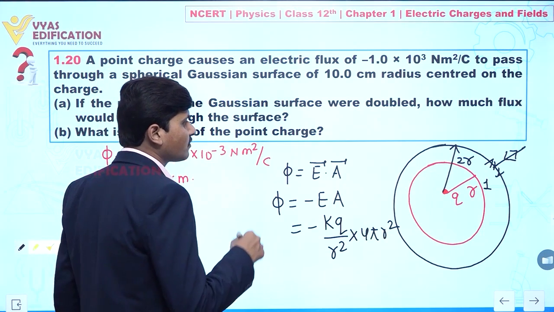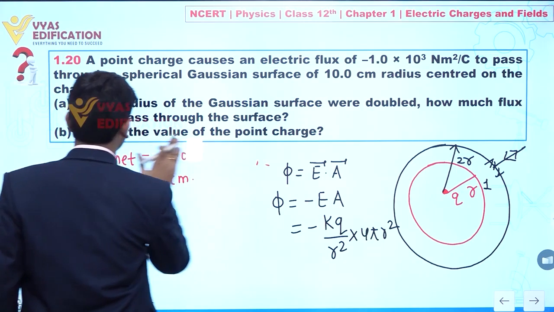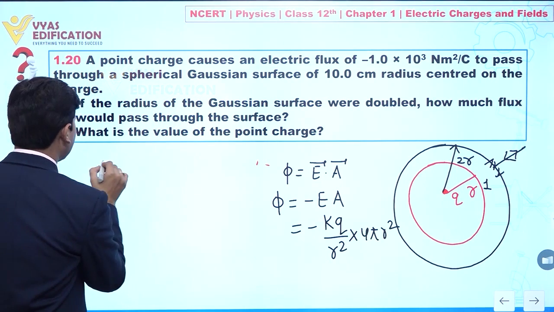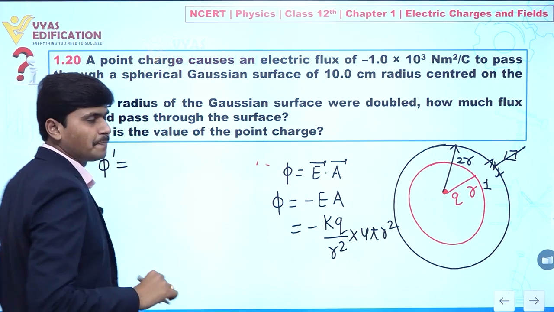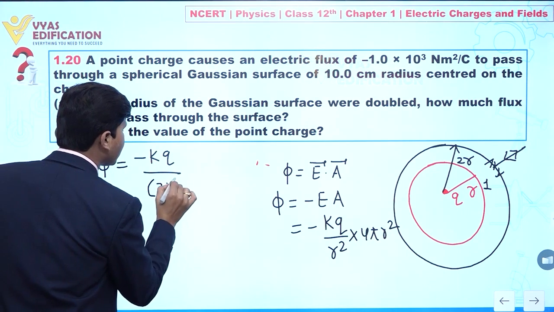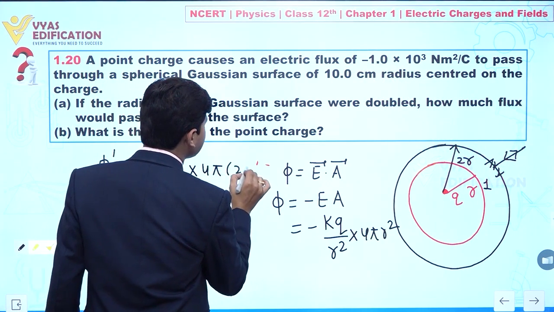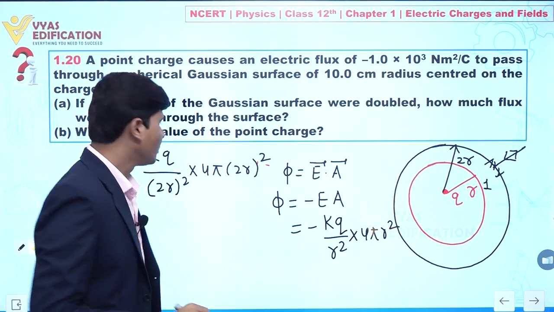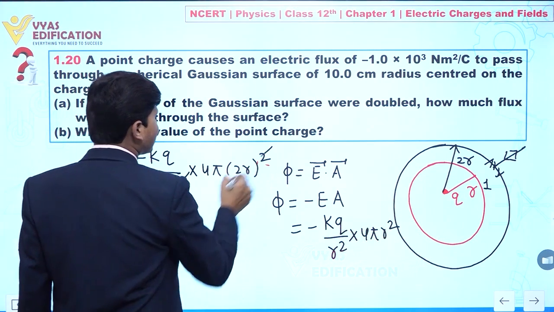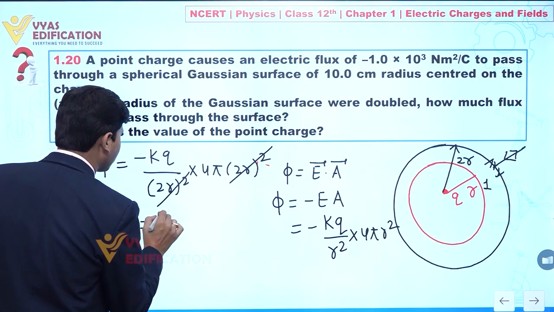When we are talking about Gaussian surface number 2, what will happen? We can write it like this. Let's suppose phi dash equals minus kq divided by (2r) whole square, multiplied by 4 pi (2r) whole square. So the (2r) square cancels out. It means phi dash is equal to phi.